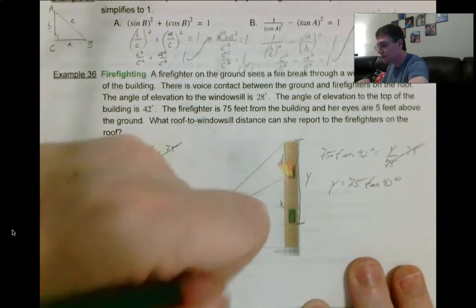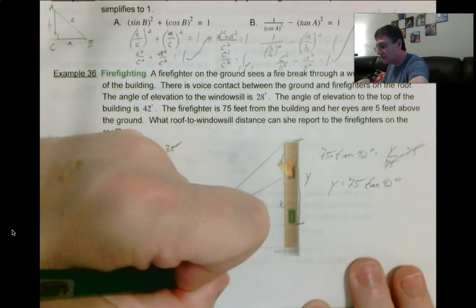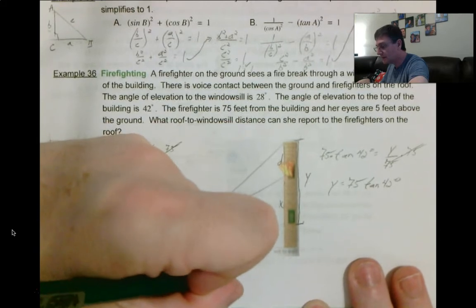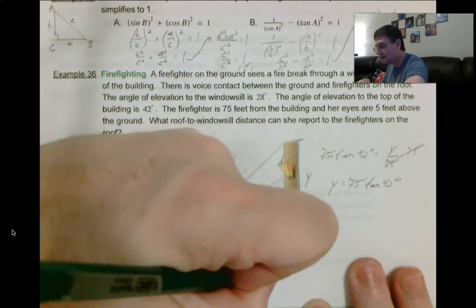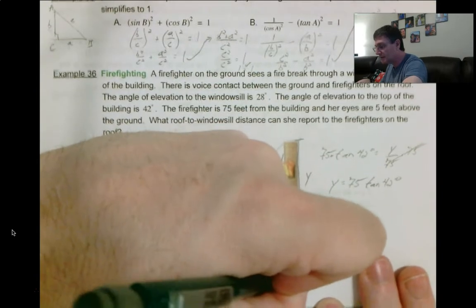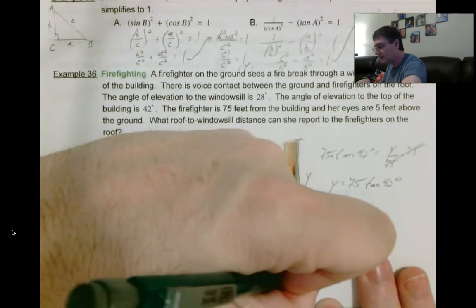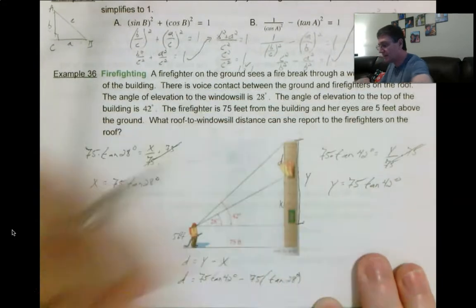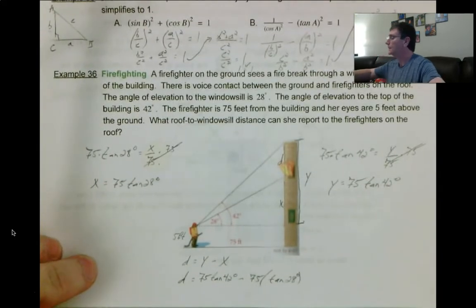D is equal to 75 tangent 42 degrees minus 75 tangent 28 degrees. And we pull out our calculator.